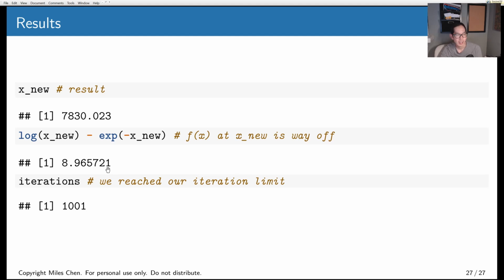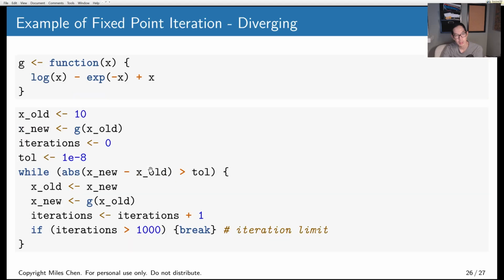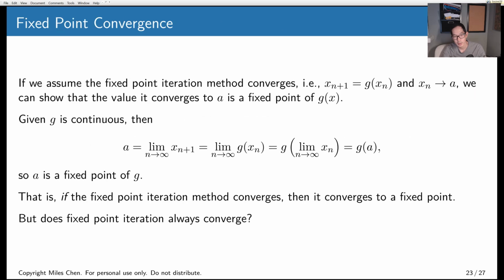Is this a root when I plug in x new? x new is 7,830. If I plug it into the function log of x minus e to the negative x, I don't get anything close to 0, so that's not a root. So sometimes you have diverging fixed points.